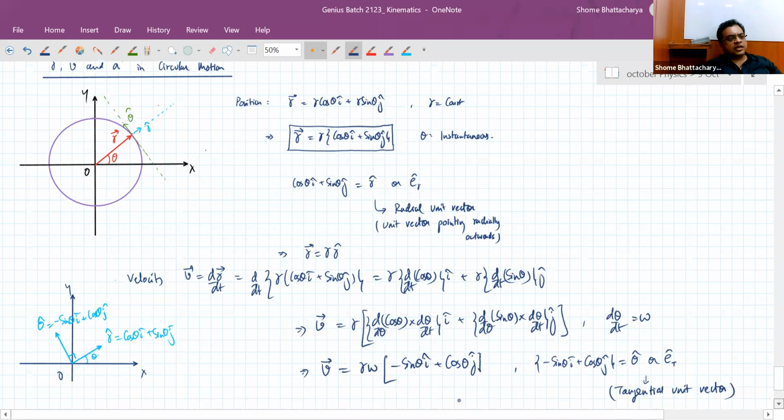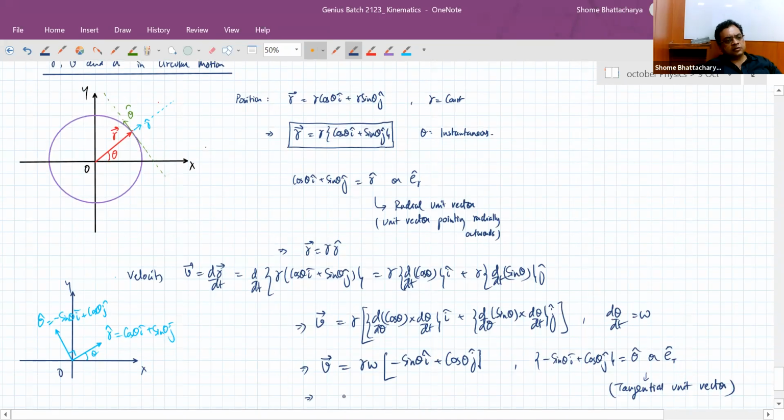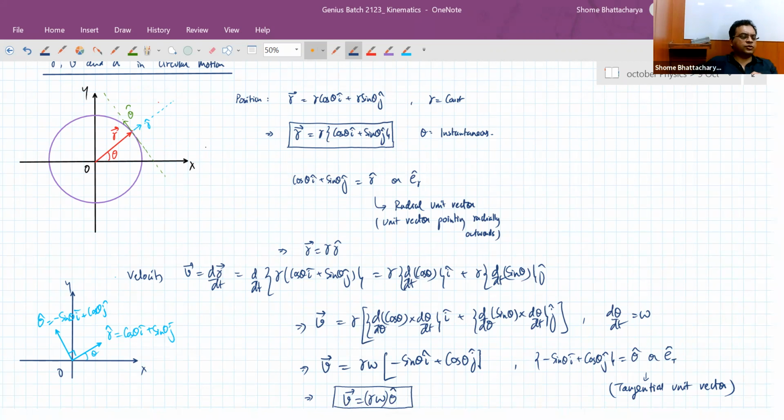So further from this analysis, what we can say about the instantaneous velocity vector is something that we know from before, that it points tangentially at any point on the circular path.